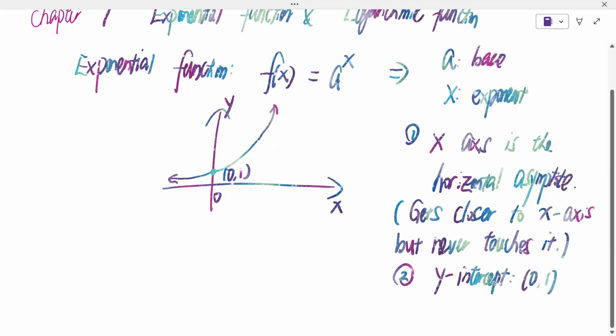And then from left to right, it's increasing all the way.